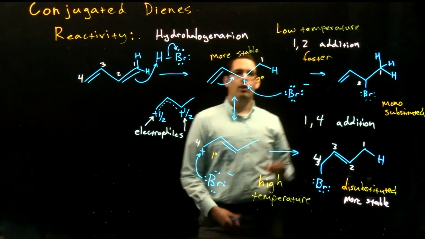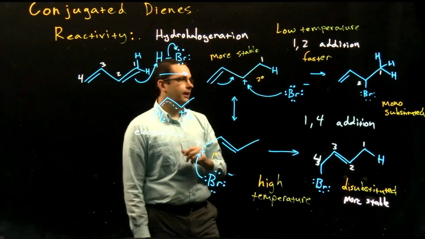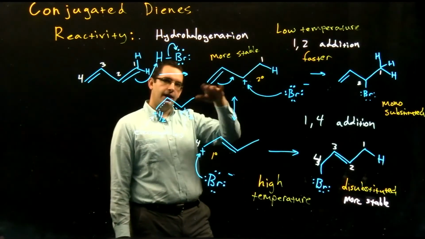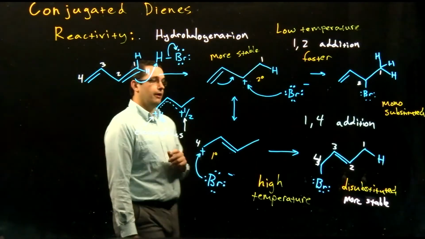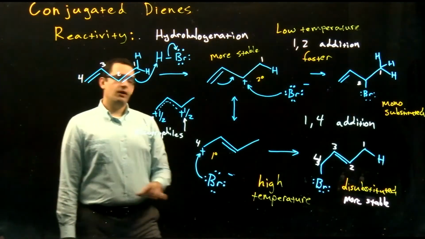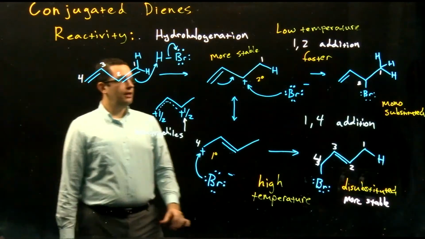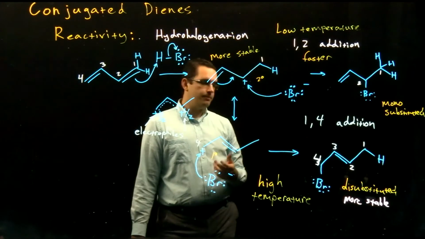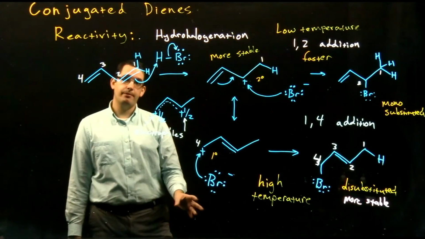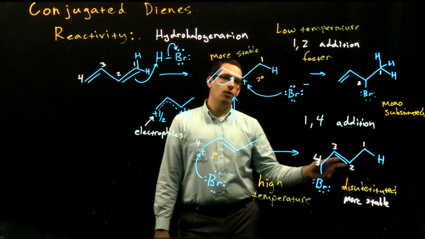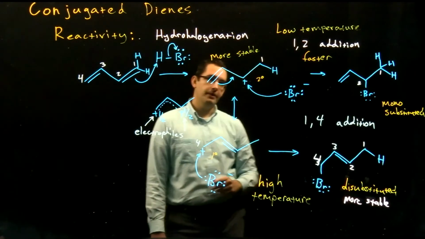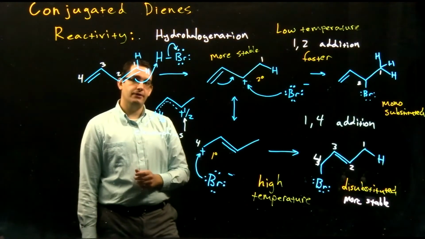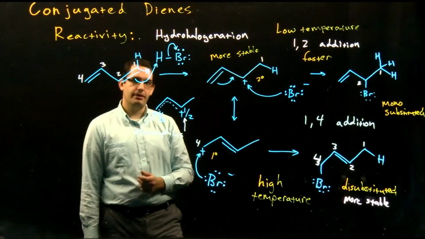So our 1,2 addition will go through that more stable intermediate, and so we can more quickly produce this, even if we don't have as much energy to get over that activation energy barrier. So to summarize then, if we use lower temperature, our 1,2 addition product will be the major product. If we use higher temperatures, our more stable 1,4 addition product will be our major product. So we can actually control which product is produced just by changing the temperature.